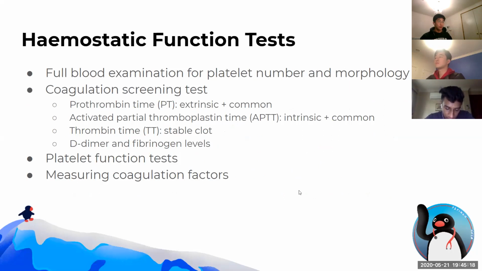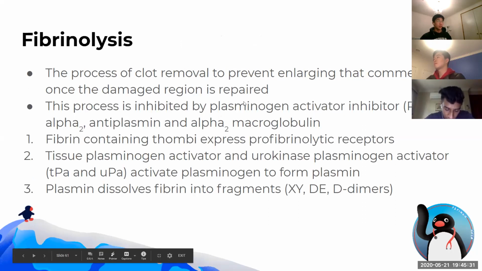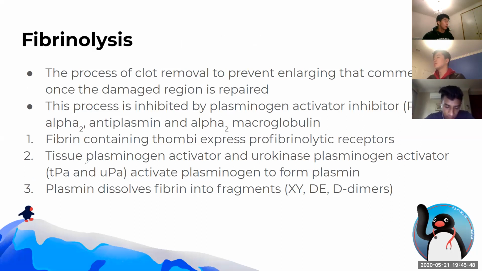We also have PAI 1 and 2. PAI 1 and 2 stands for plasminogen activator inhibitor. So it inhibits the plasminogen activator, and our plasminogen activator is the same one that we find here.